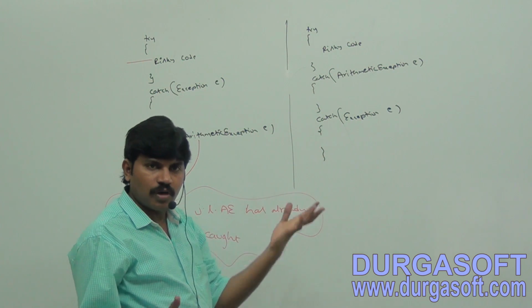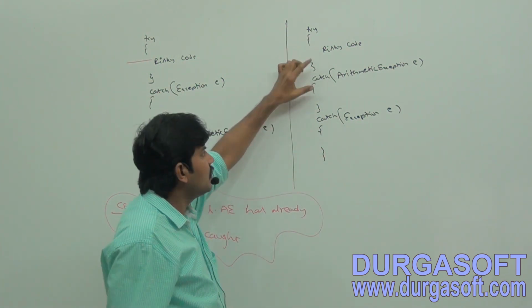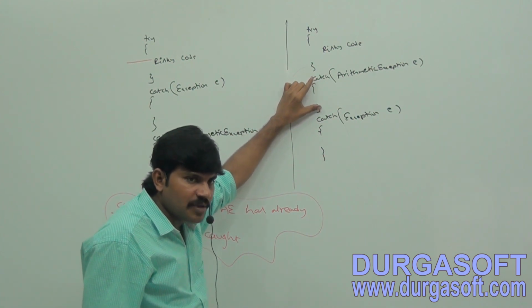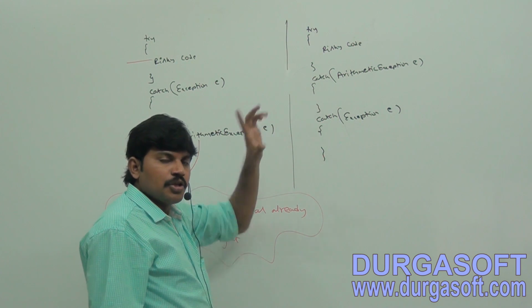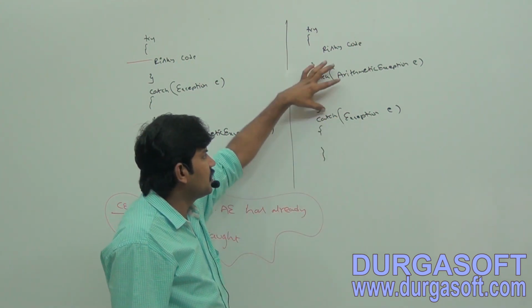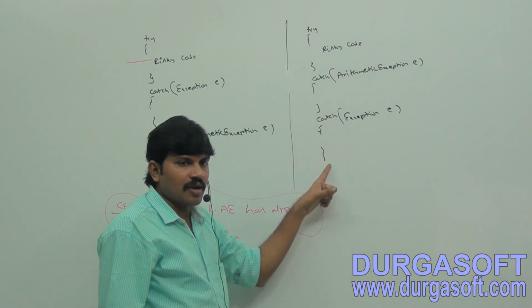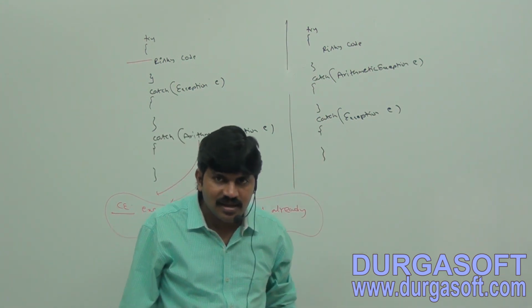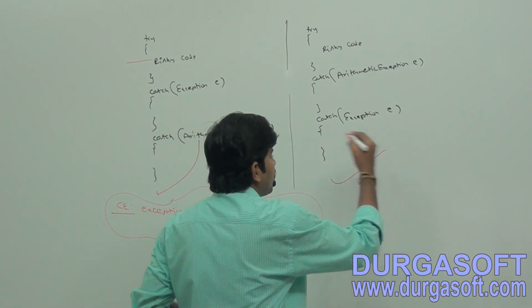Yes, I can handle. Problem solved. Now an arithmetic exception is raised. I will ask, boss, can you handle arithmetic exception, yes or no? Yes. If it is an arithmetic exception, this catch block; if it is a non-arithmetic exception, the other catch block. Both catch blocks will get a chance, yes, there is a possibility. That's why this one is perfectly valid.